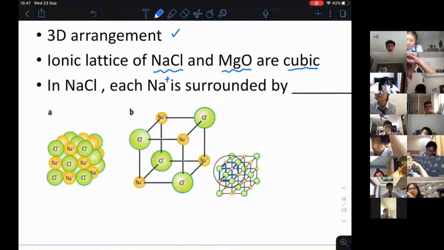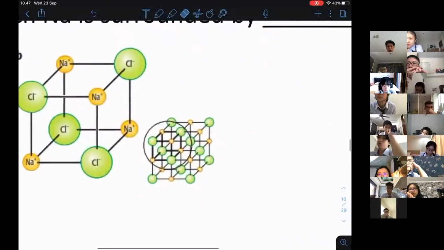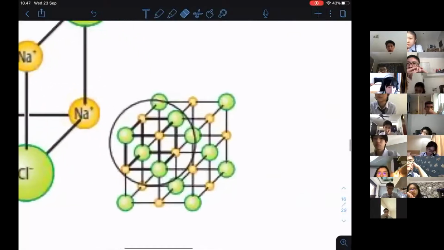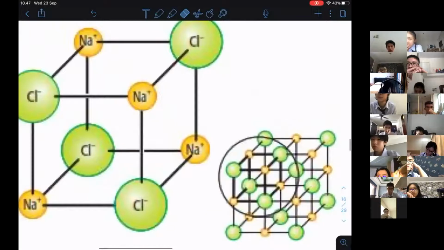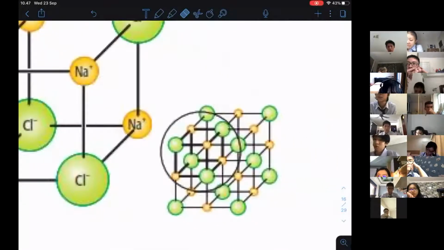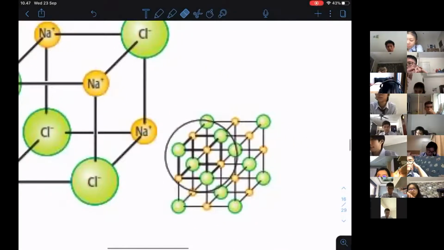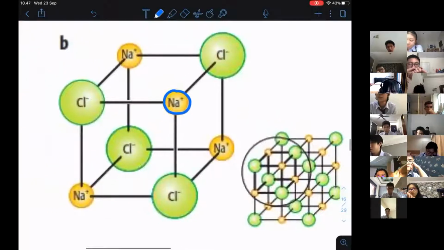Maybe I'll ask someone. Frederick, how many Cl- ions will be surrounding Na+? 4. When you simply look at it, it looks like 4, but I will show you. Here, this is Na. If you look at this diagram alone, you think it is going to be 3.